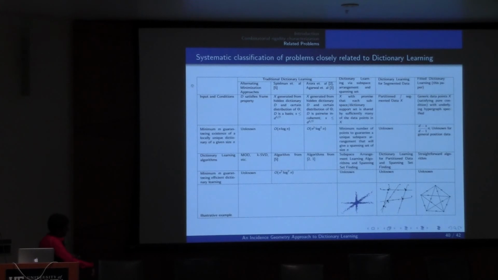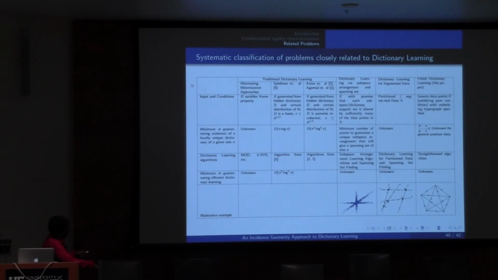Then finding a minimum M is unknown, which is the only useful thing in this case. We don't know that. And then this would be the case where you have support equivalent or segmented data. And in this case, again, important things are not known.